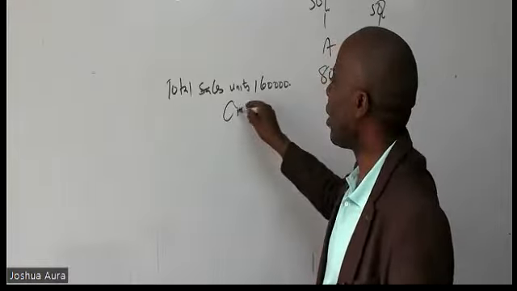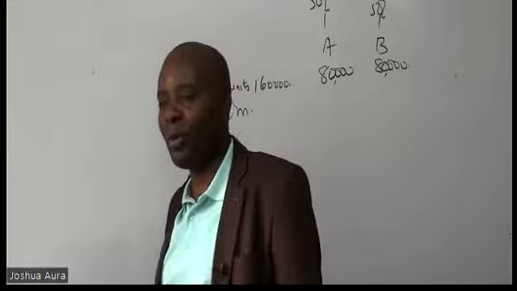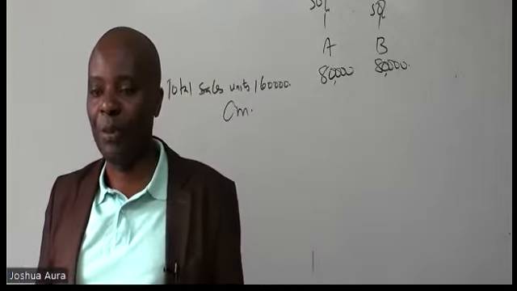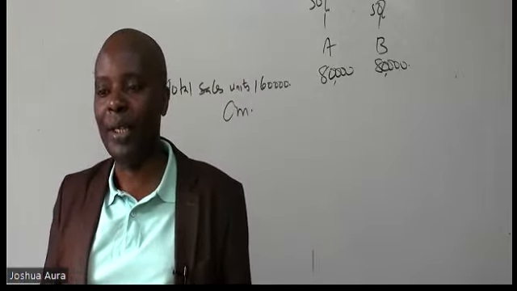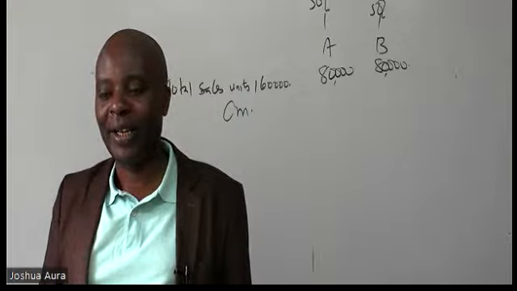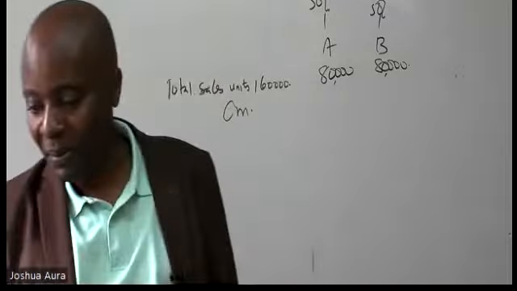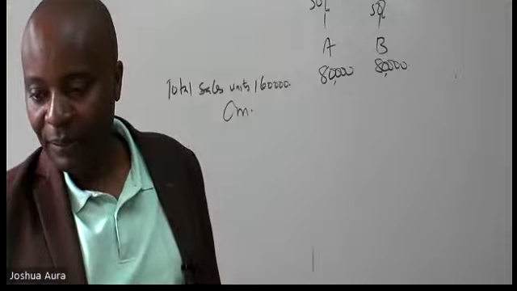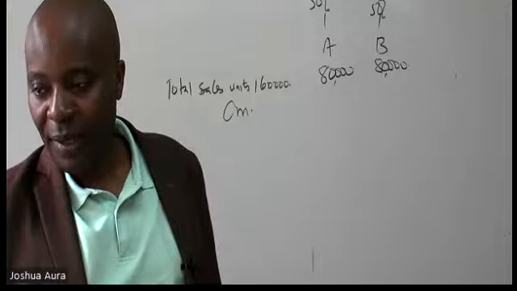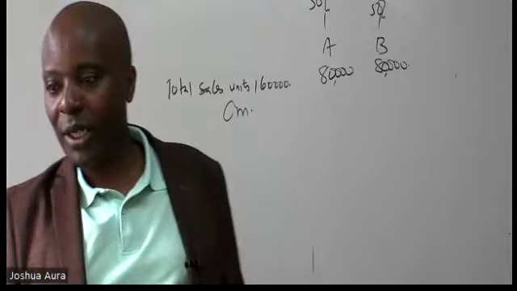So could you kindly give me the contribution margin? Are you able to remember the contribution margin for A? The contribution margin for A was 1 and for B was 7, isn't it?